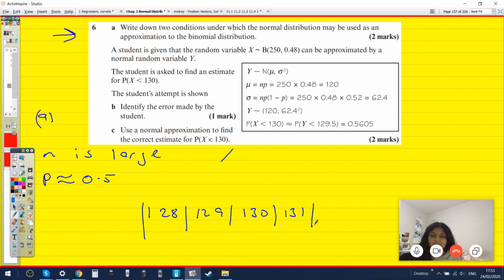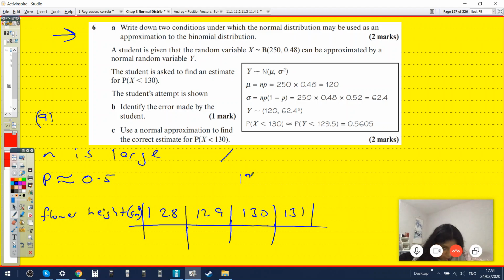Oh, like group data. Yeah, group data. And so this is like flower height or something in centimeters. For let's say this one here, the 130. If it was 129.1, it would go in this box. But if it was 129.9, it'd go in this box. And so you have to stretch it out and say it's 129.